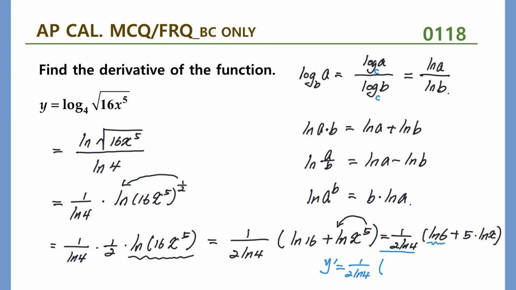So 0 plus 5 times the derivative of natural log x, that's 1 over x. So if we rewrite this, that's going to be equal to 2 natural log of 4 times x in the denominator, and in the numerator, we have 5. So that's our derivative of the function.